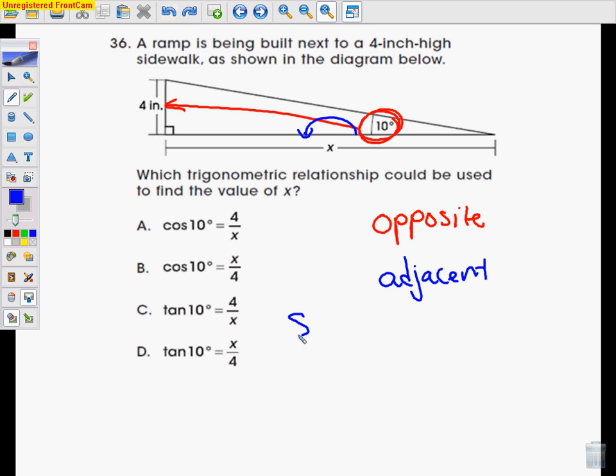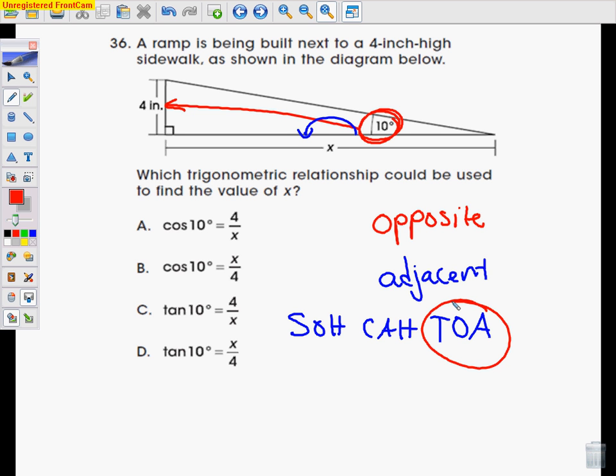Okay? So, which of our trigonometric functions uses opposite over adjacent? Well, let's see. SOHCAHTOA. Which one uses opposite over adjacent? Well, that would be the tangent. Okay? Tangent is opposite over adjacent. O stands for opposite, A stands for adjacent.